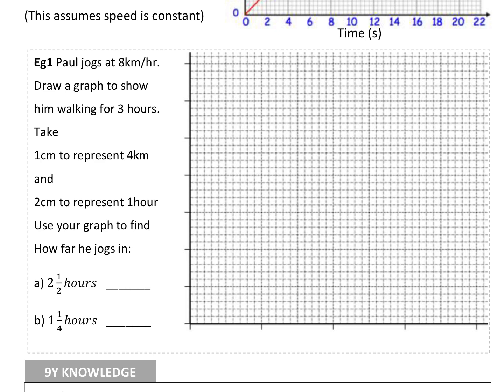Paul jogs at 8 kilometers per hour. Draw a graph to show him walking for 3 hours. We take 1 centimeter to represent 4 kilometers and 2 centimeters to represent 1 hour. On a travel graph or distance time graph, you have the distance up the side and the time along the bottom.